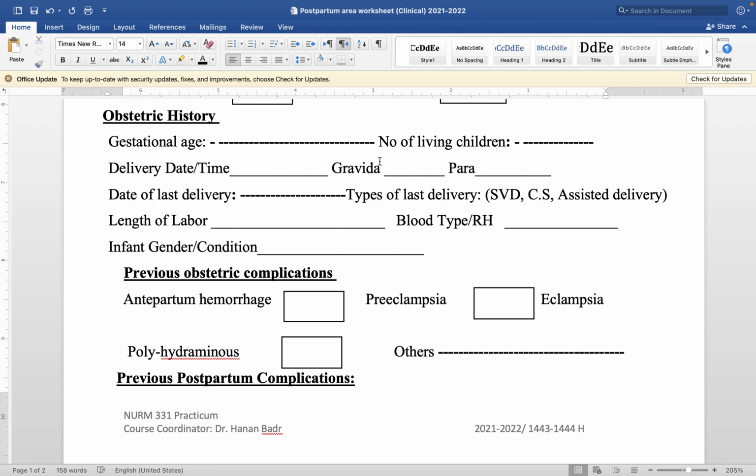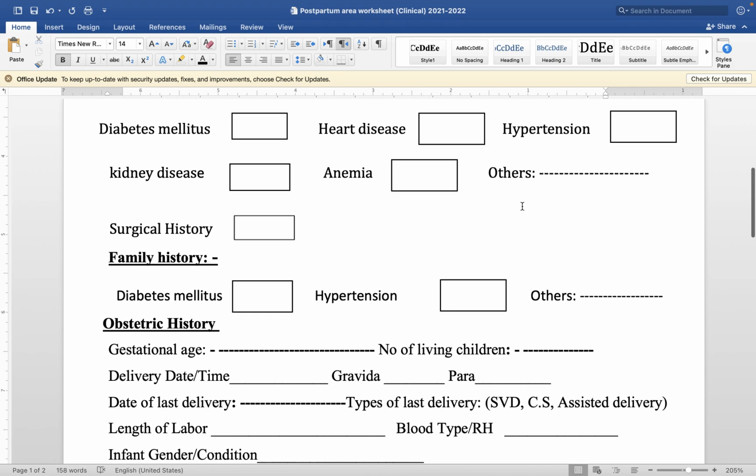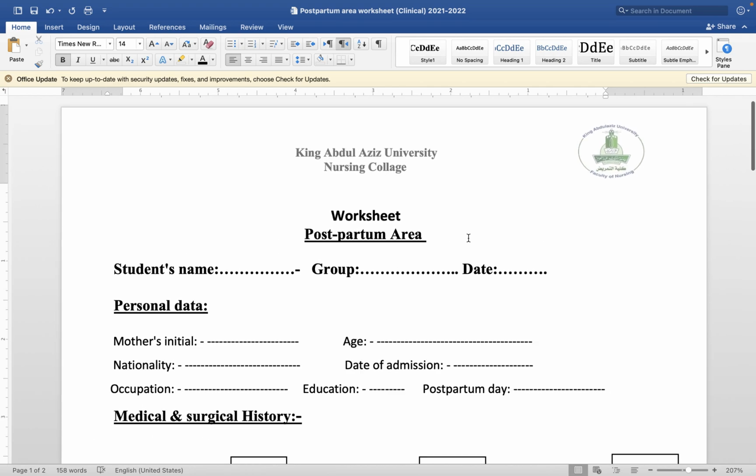Obstetric history, we start with gestational age, and by this time I'm assuming you know what gestational age is after taking the first lecture in the maternity course. Number of living children, delivery date and time, we're talking about the last delivery of this admission, gravida and para.